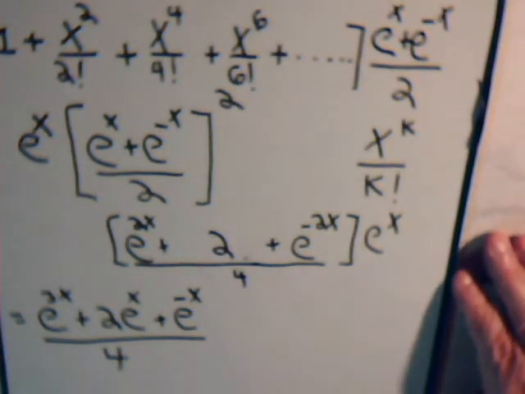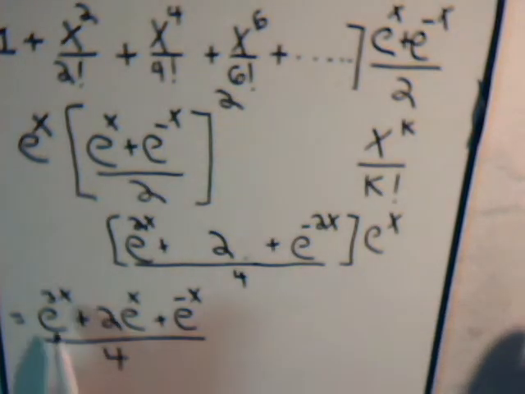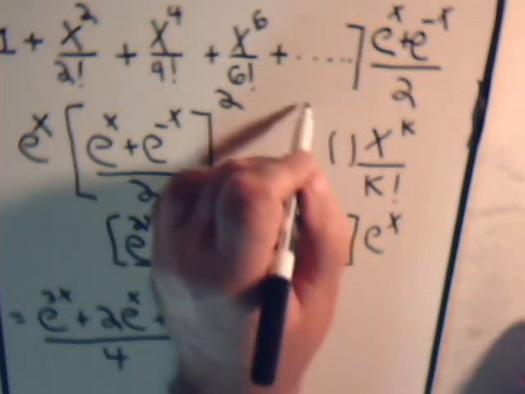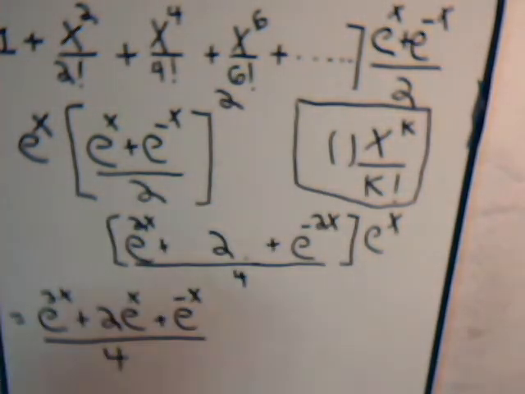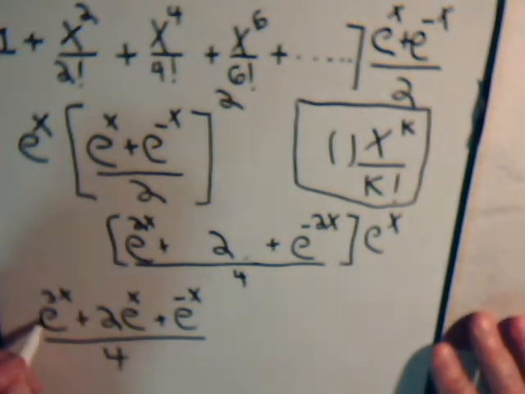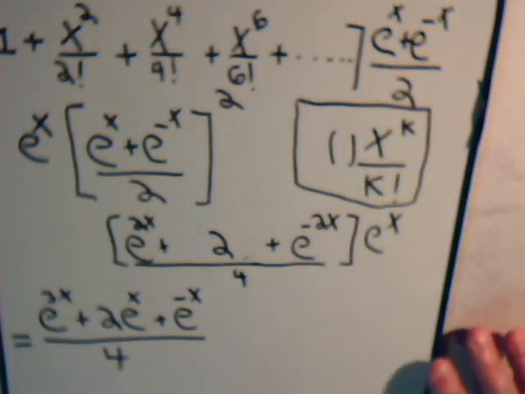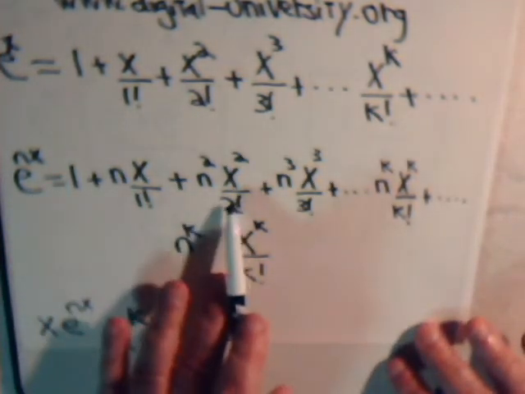Now our problem is almost finished. What we need to do is, from this expression, determine what will be the coefficient of x to the k divided by k factorial. And what we went through in the earlier video, we've done it several times now, but we introduced it in the video titled Exponential Generating Functions, How to Find the Coefficients, that when we have e to the nx, that's equal to this expression here.